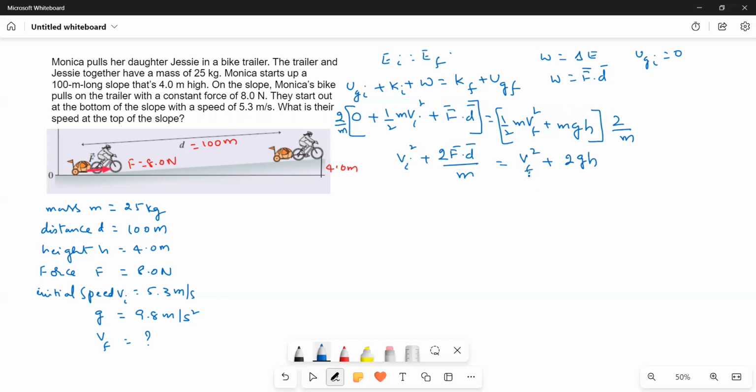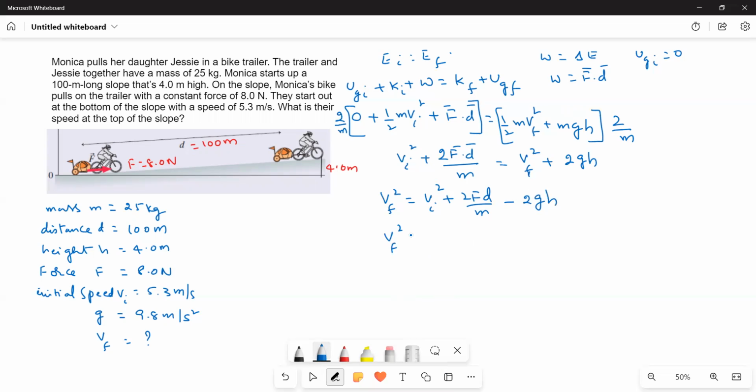Vf I have to find out. So I will take 2gh to the other side. Then Vf square is equal to Vi square plus 2 F d by m minus 2 g h. Okay, now write the values.